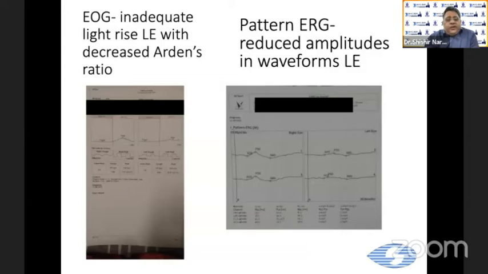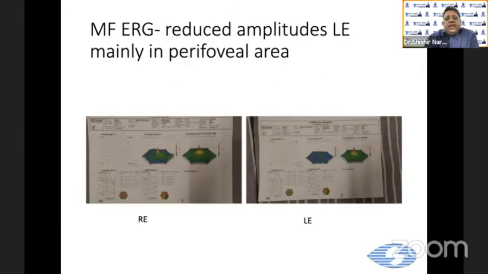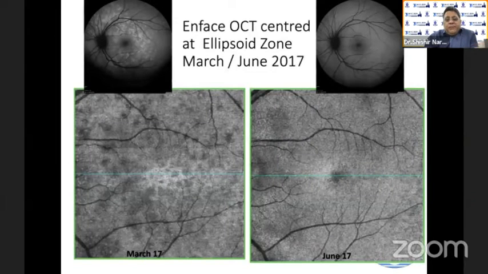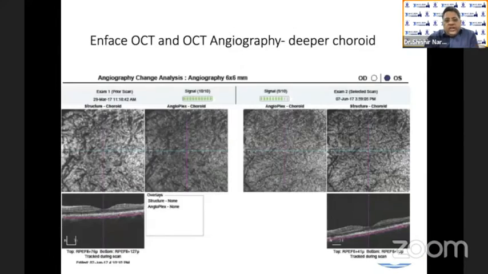Now, this is confirmed with the EOG and the pattern ERG, as well as the multifocal ERG showing that there is a decrease in the perifoveal response. But when you do the OCTA, you find that at the level of the choriocapillaris, as well as in the deeper choroid, there is no change. So in MEWDS, there is no microcirculatory change.